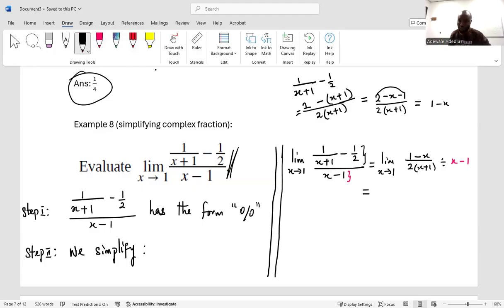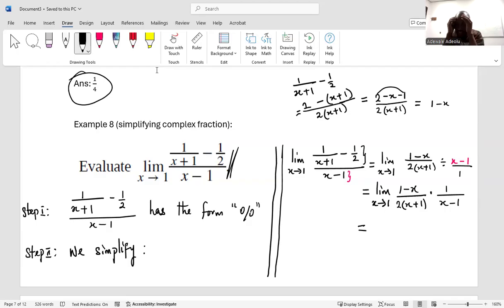So equals the limit. I need to write my limit, I have not used it. So this is 1 minus x divided by 2 into x plus 1, times, remember this could be this, so 1 over x minus 1.